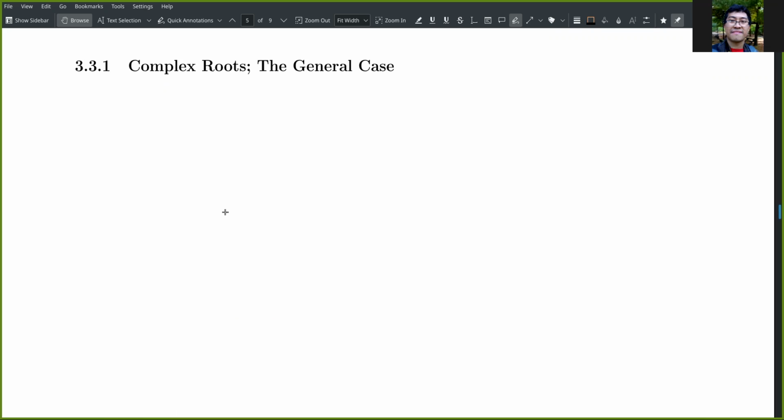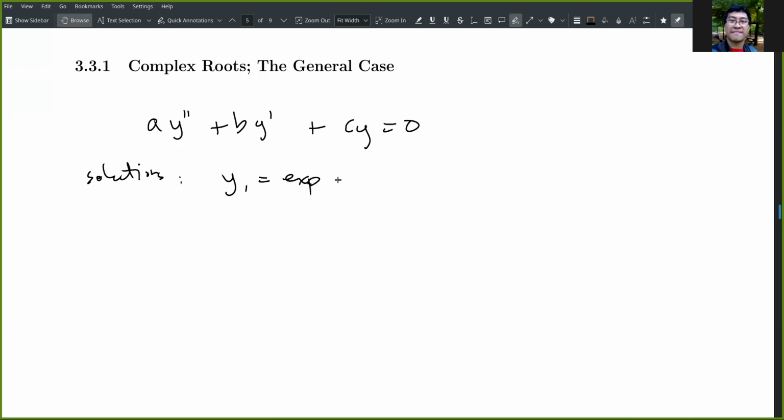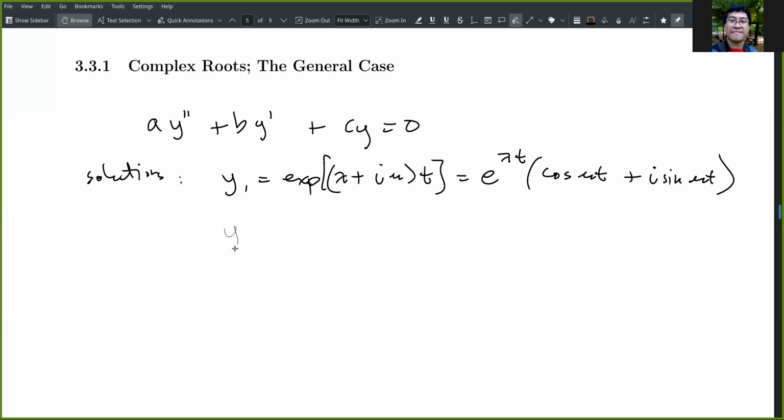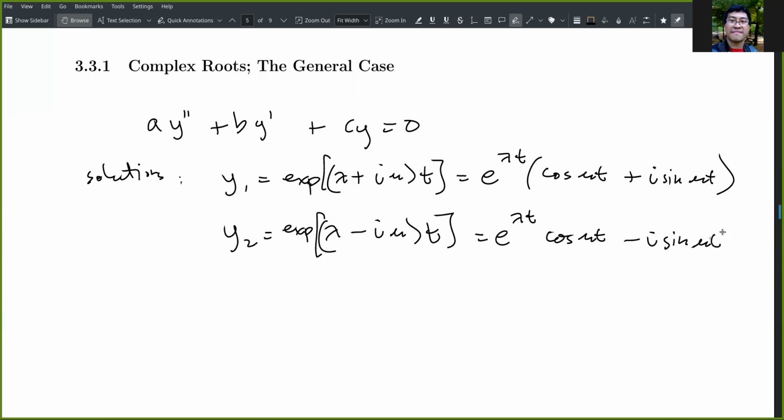If we consider the general case, for our second order differential equation equal to 0, you have solutions y1 equals exponential of lambda plus i mu t, which we can write as e to the power of lambda t times cosine mu t plus i sine mu t, and y2 as e to the power of lambda minus i mu t, equals e to the lambda t times cosine mu t minus i sine mu t.